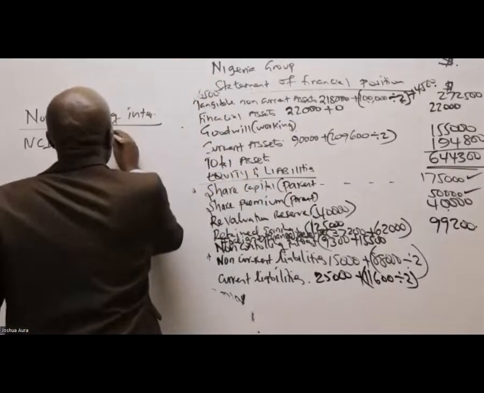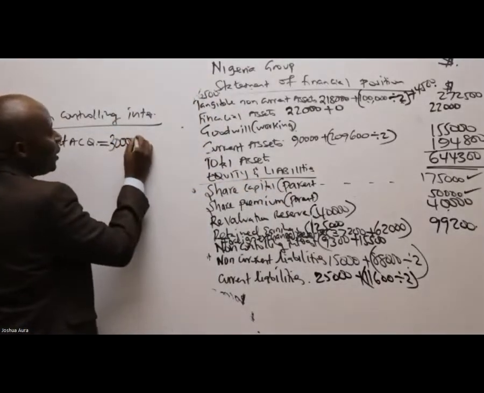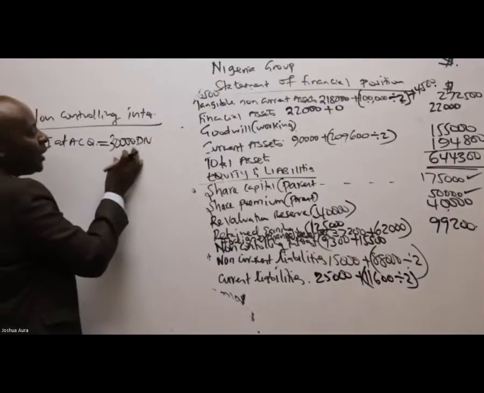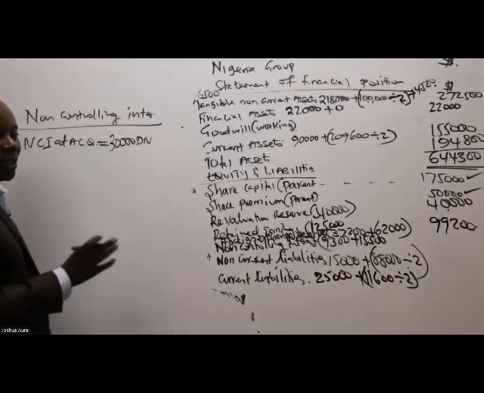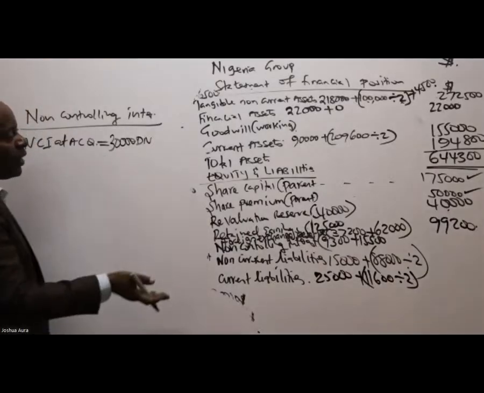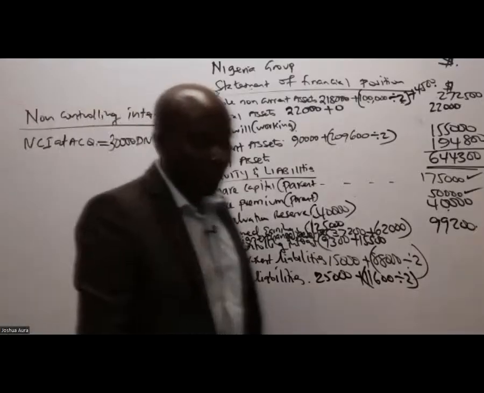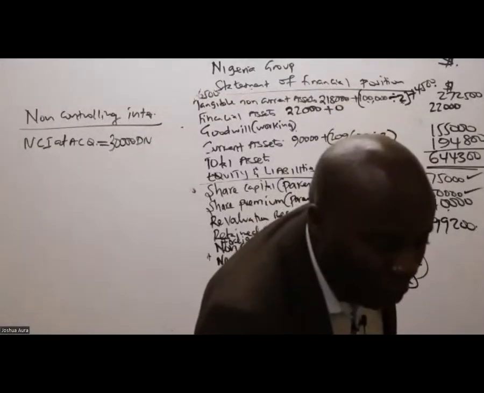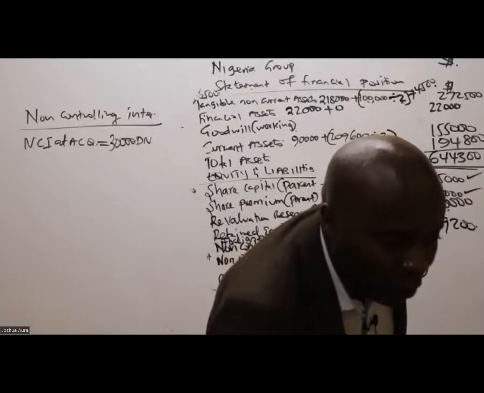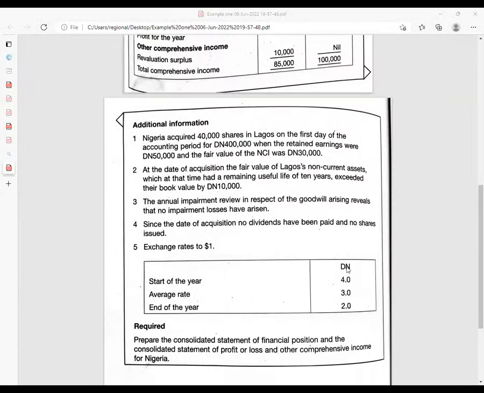But now remember that this 30,000 is in foreign currency, DNs. I need to retranslate this. Of course, I know I'm dividing. Should I divide this with 2 or 4? It can't be the end of the year. It has to be at the start of the year when I was acquiring.